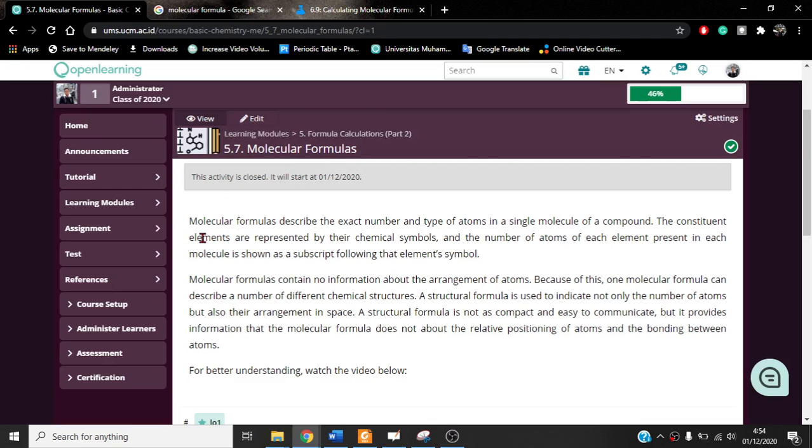By definition, the molecular formula describes the exact number and type of atoms in a single molecule of a compound. So the formula will describe how many of every atom are inside a compound.